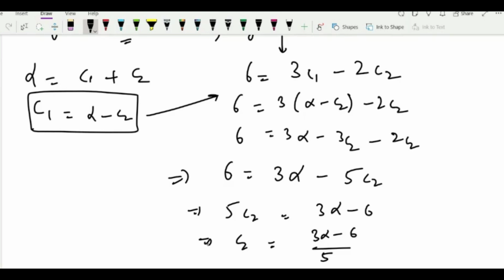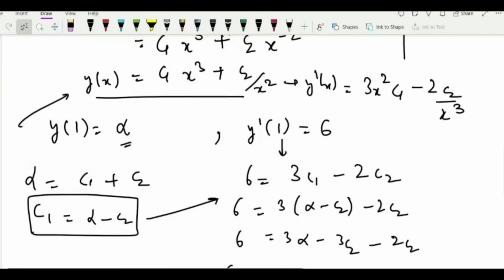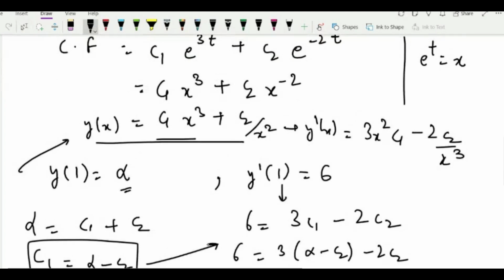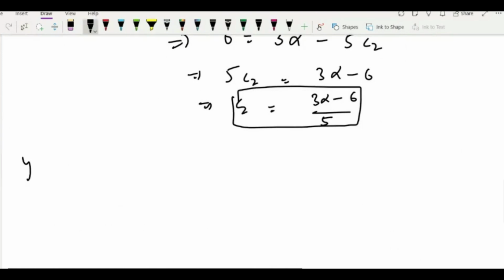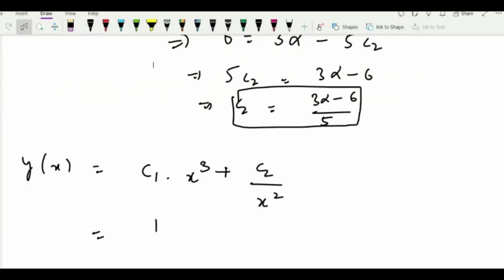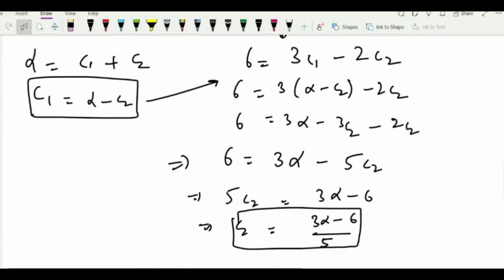So putting back into y, we get y is equal to c1 into x cube plus c2 upon x squared. The value of c1 is alpha minus c2, and c2 is 3 alpha minus 6 upon 5.